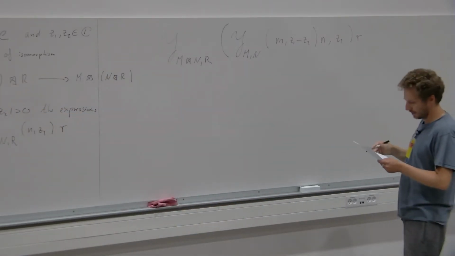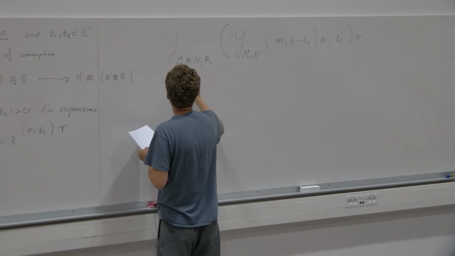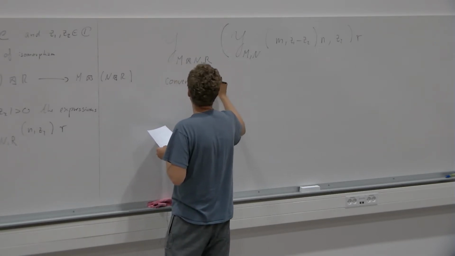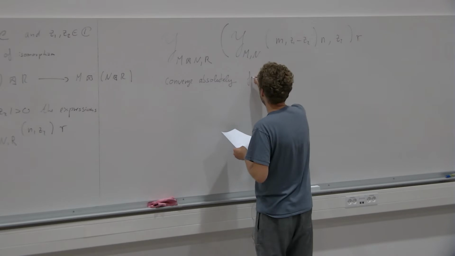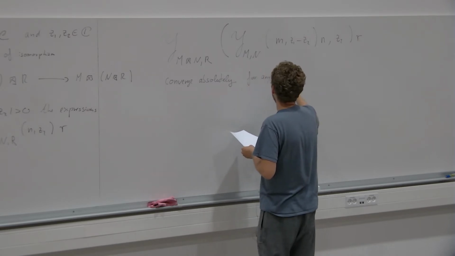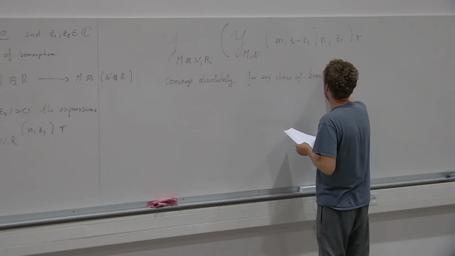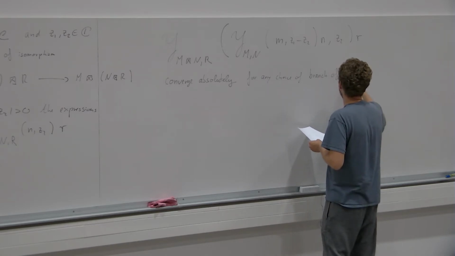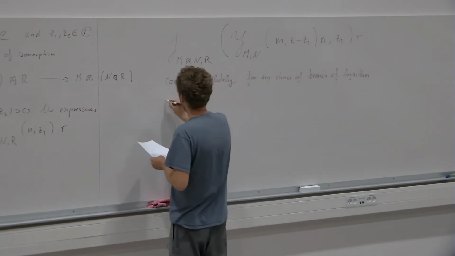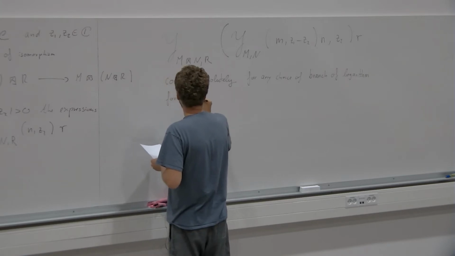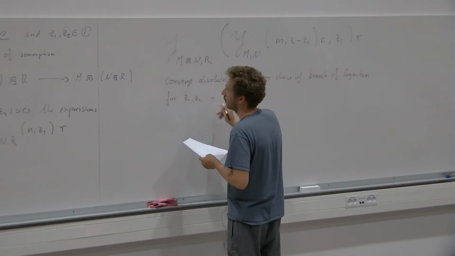And the requirement is that these two expressions converge absolutely, for any choice of branch of logarithm, for the two variables. And where do they converge?